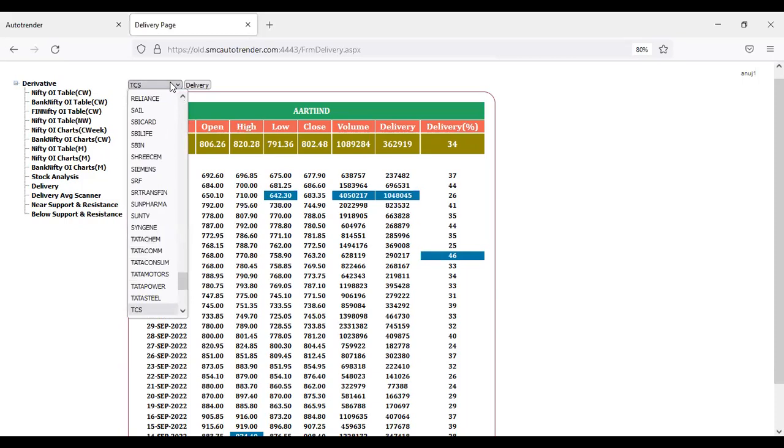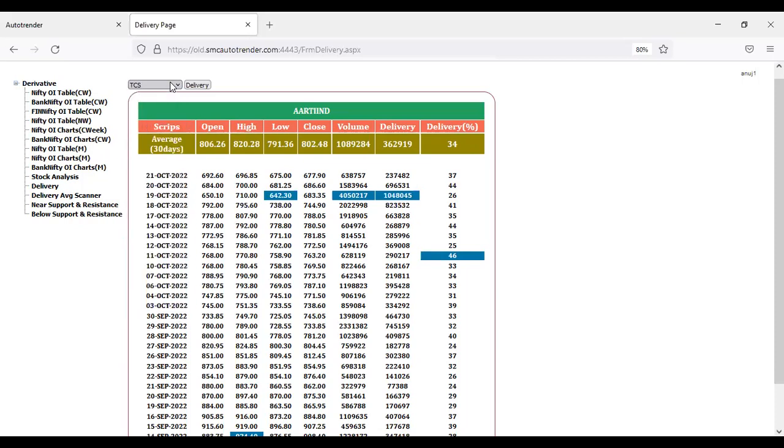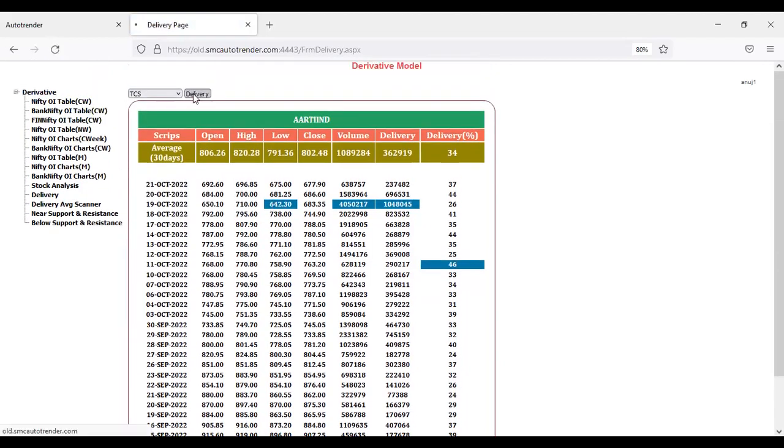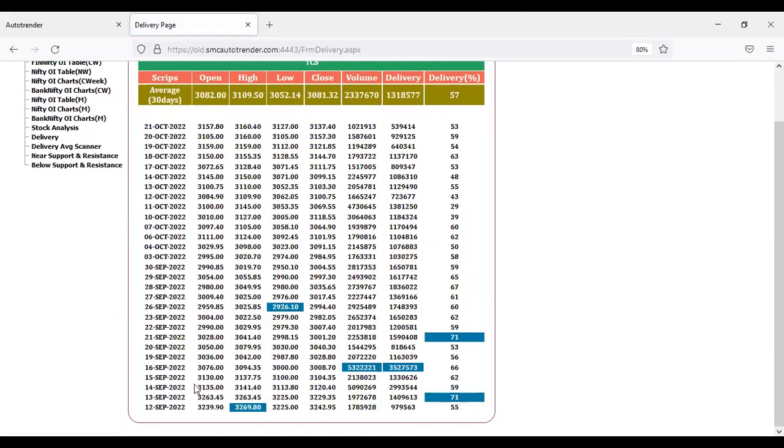Say, for example, take a TCS stock. So TCS gave an indication on 16 September, it hit a highest delivery, which is indicated in yellow, blue. So what we have focused on was that as soon as it breaches the 3094 mark on any subsequent day, we'll buy this stock with a stop loss of 3000.